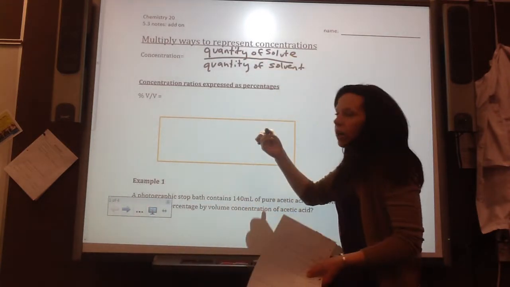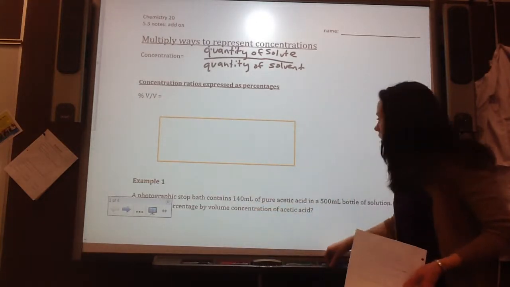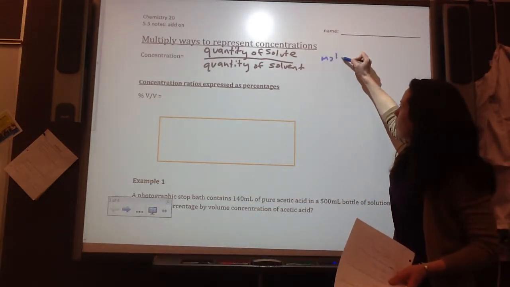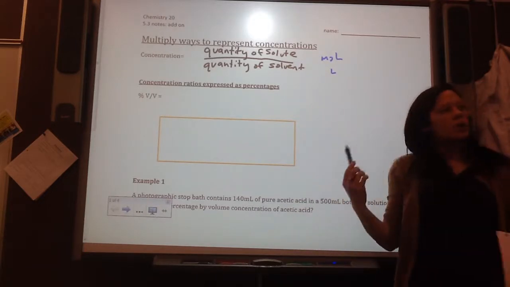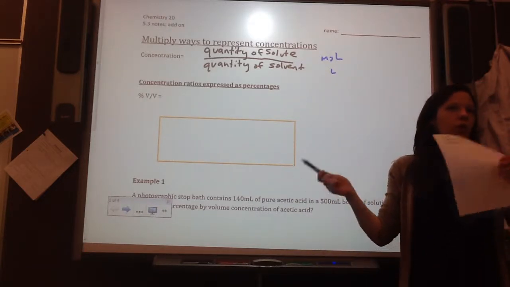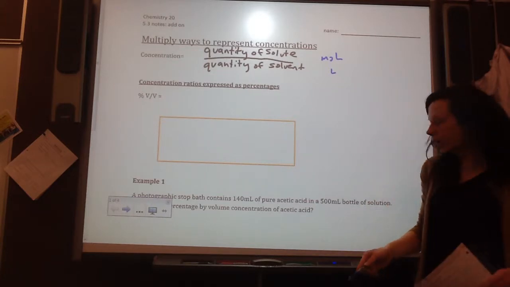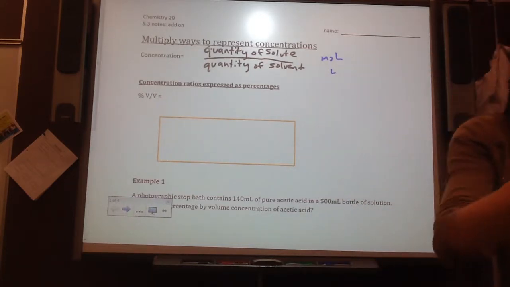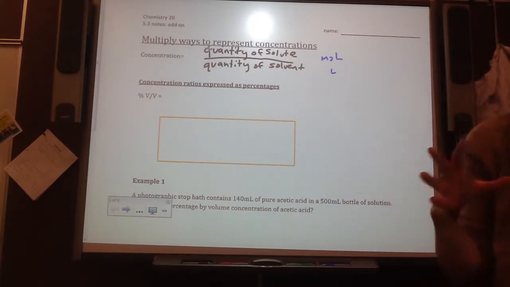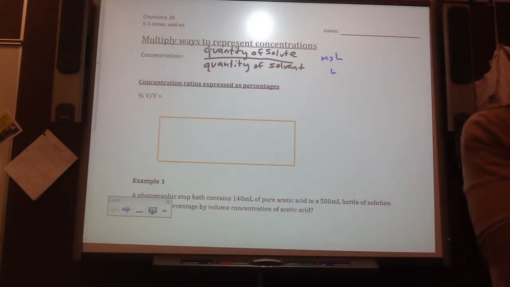The one you were just doing was moles per liter. That was just the certain units that you used, but it was the quantity of solute over the quantity of solvent, right? So it's still the same thing. As we work through a couple examples, just keep that overall general equation in mind.